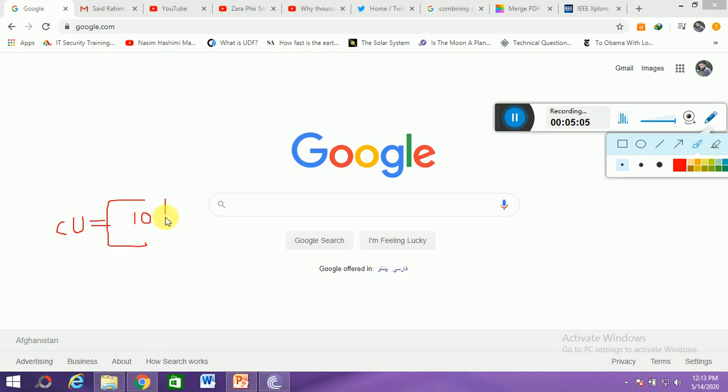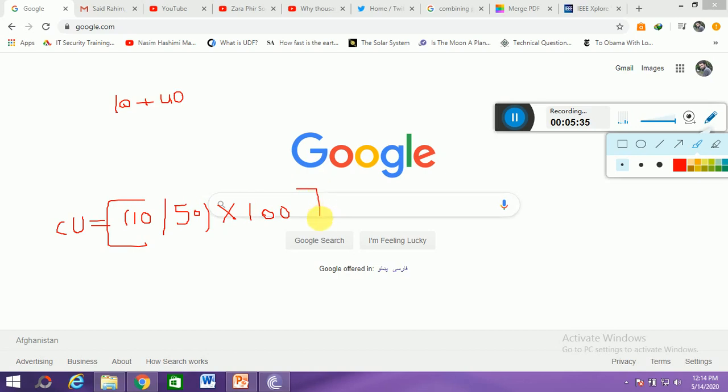And then divided by total time. So what is total time? 10 milliseconds of a CPU and 40 milliseconds of input output device. So total becomes 50 milliseconds. So divided by 50 milliseconds, and then whatever comes, you need to multiply by 100, and you will get the CPU utilization, right?